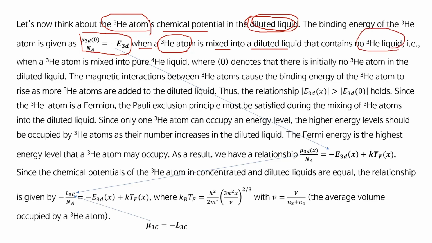That is, when the helium-3 atom is mixed into the pure helium-4 liquid, where 0 denotes that there is initially no helium-3 atoms in the diluted liquid.